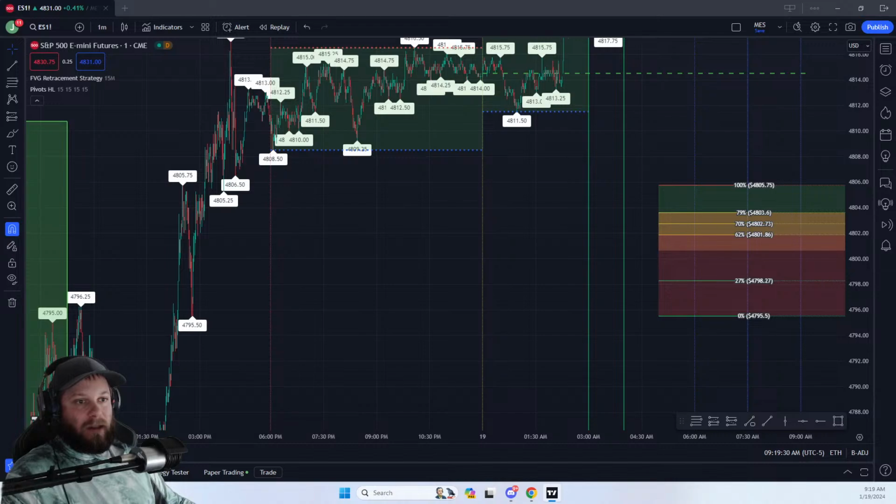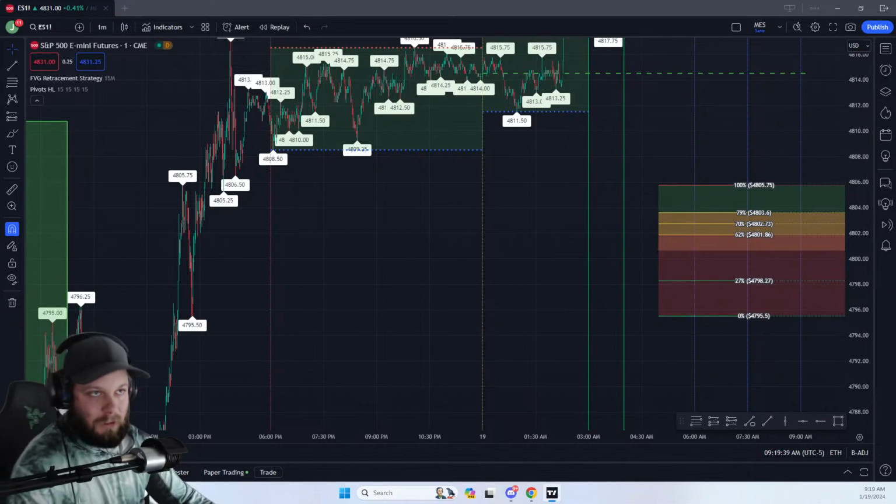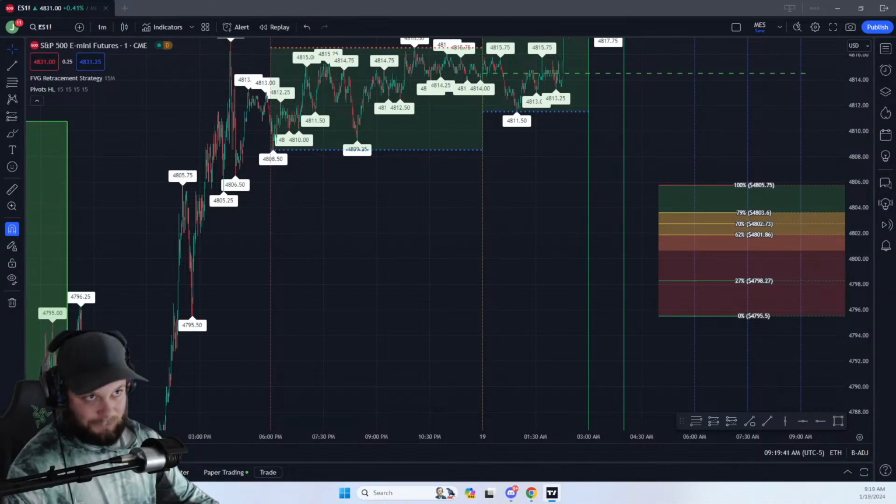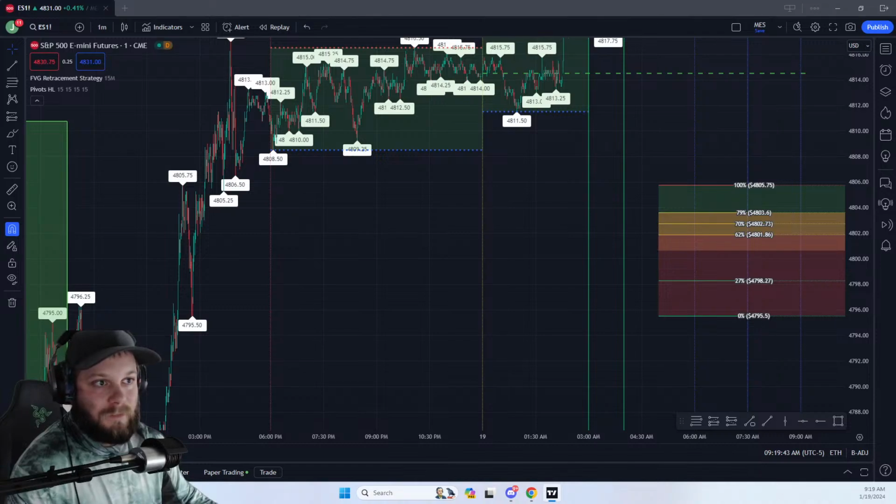So what if I were to take all of this? I can't take the background. That's request security. This is for the pivot point still. This is bullish daily bias labels.